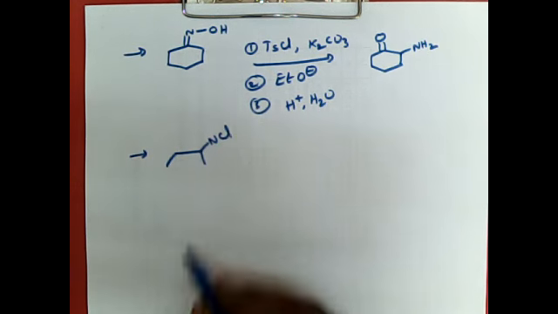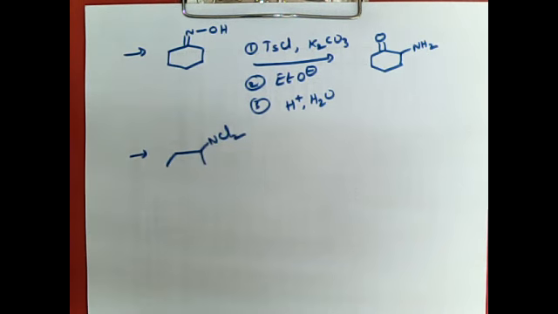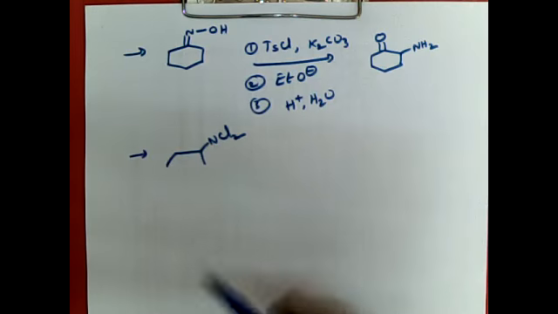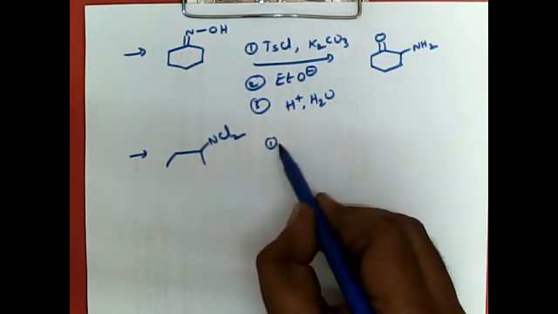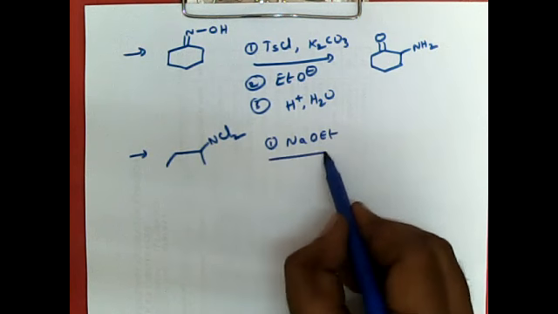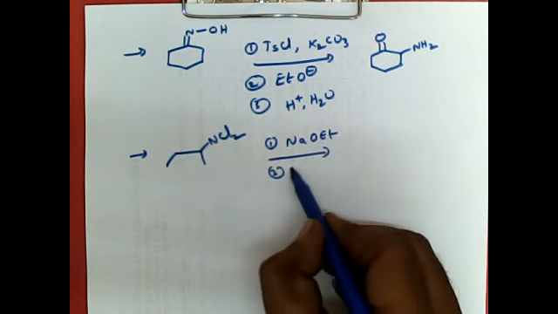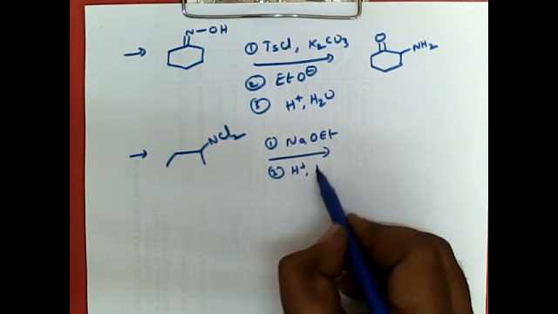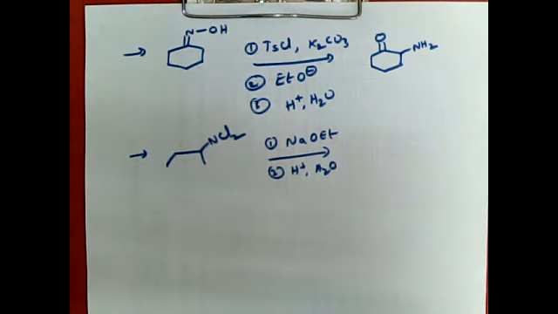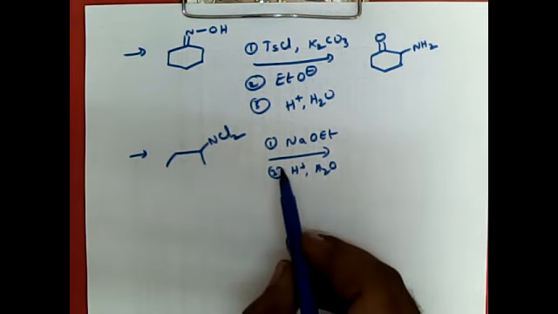A small variation in Neber rearrangement is N-halo groups. Because chlorines are good leaving groups, N-halo compounds can also be treated with sodium methoxide followed by hydrolysis to get the alpha amino ketone. Here, what will happen?